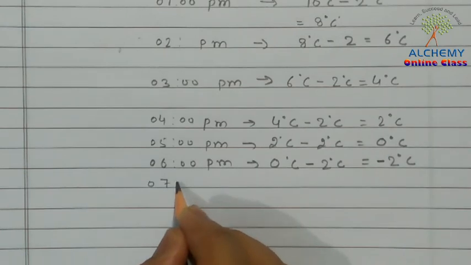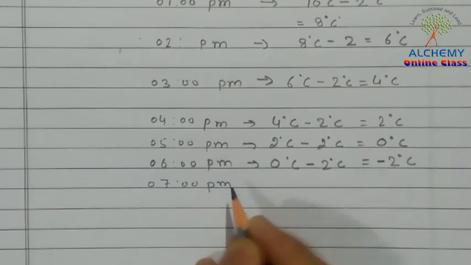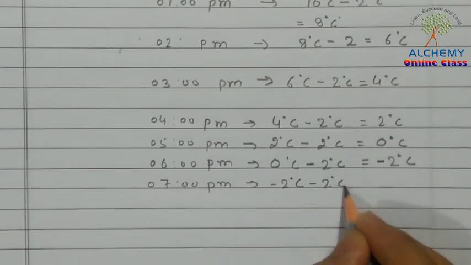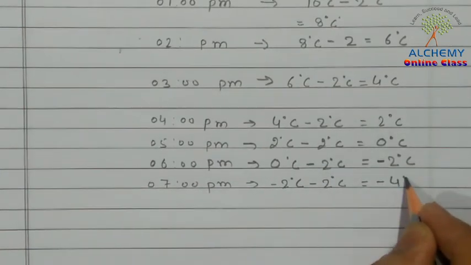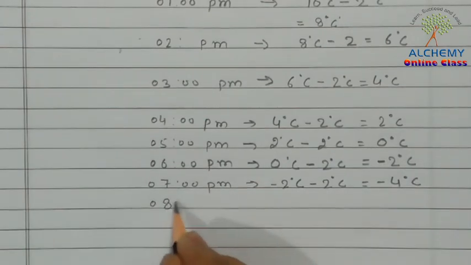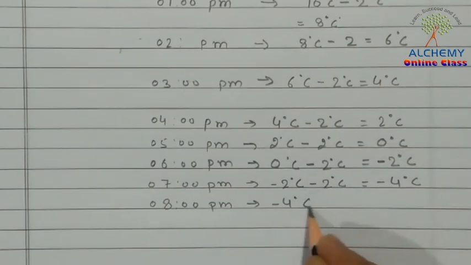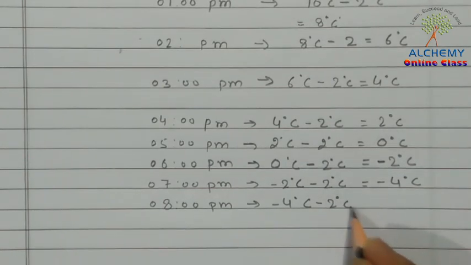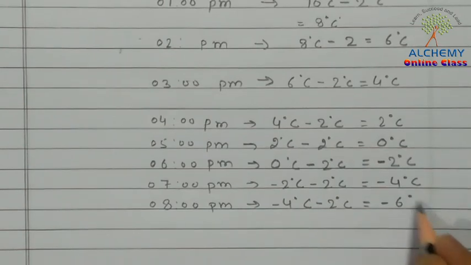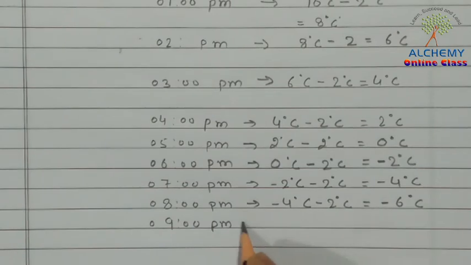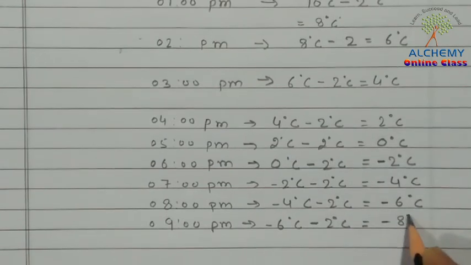At 7 p.m. it will be minus 2 degrees Celsius minus 2 degrees Celsius is equal to minus 4 degrees Celsius. At 8 p.m. the temperature will be minus 4 degrees Celsius, decrease 2 degrees Celsius, and it will be minus 6 degrees Celsius. At 9 p.m. the temperature will be minus 6 degrees Celsius and it decreases 2 degrees Celsius and it becomes minus 8 degrees Celsius.